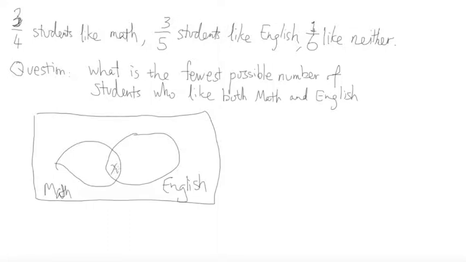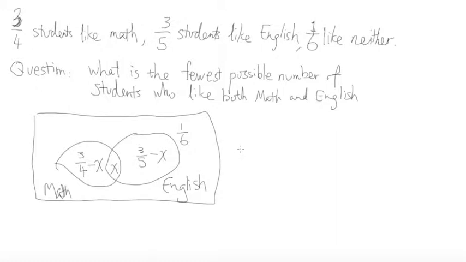And then we can fill the rest. For English, it's 3/5 of the students, but we need to get rid of x, so it's 3/5 minus x. And for math, it's 3/4 minus x. And outside everything, the 1/6 means they don't like math and don't like English.